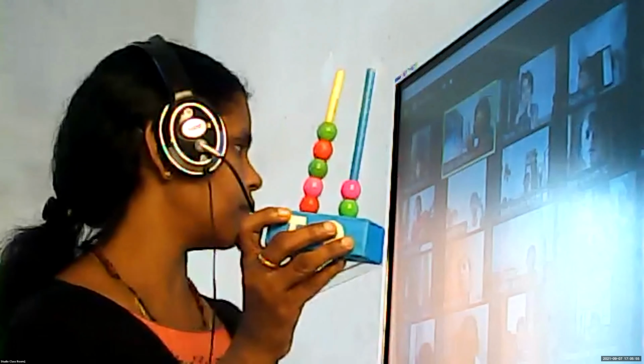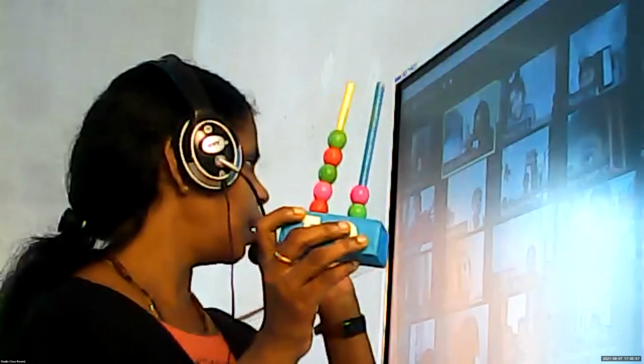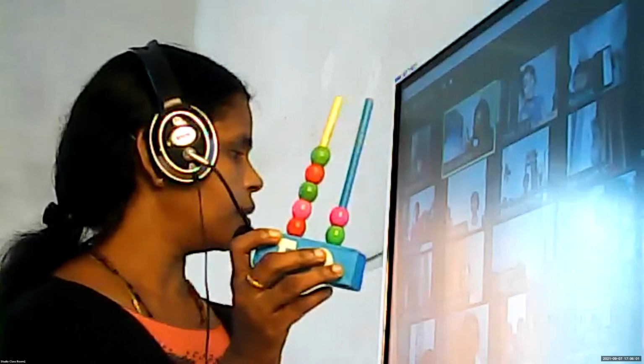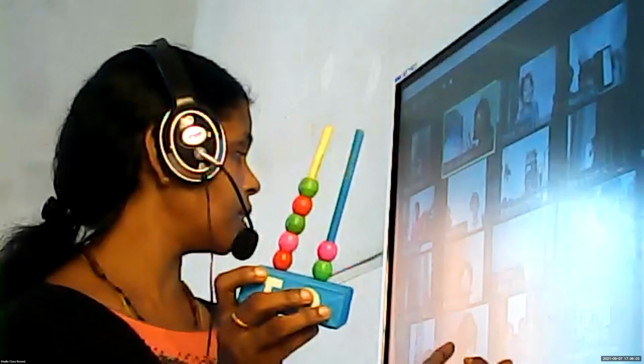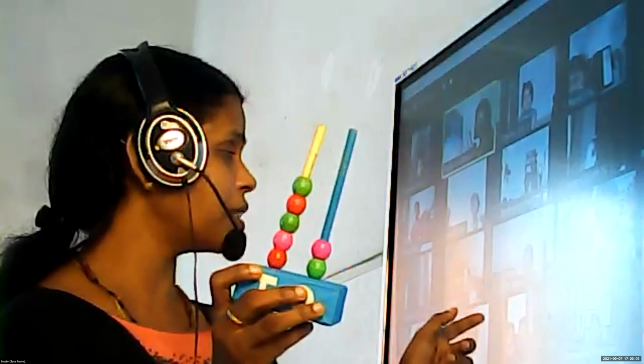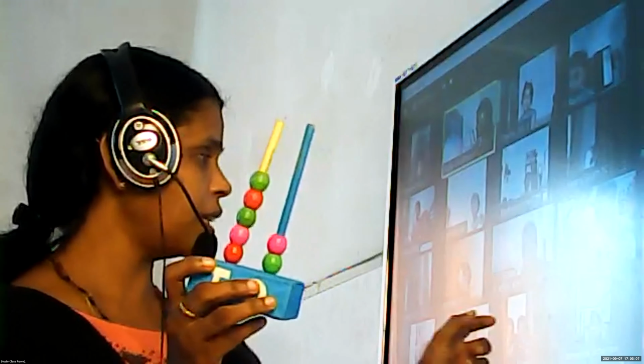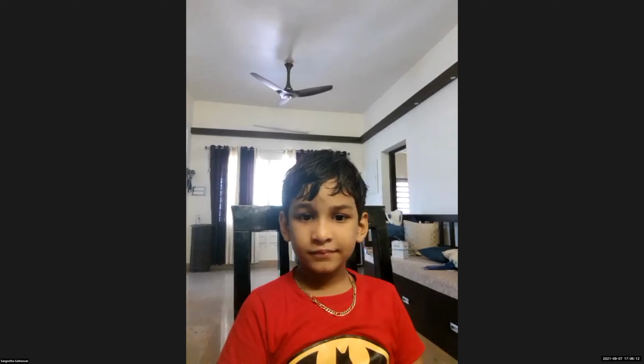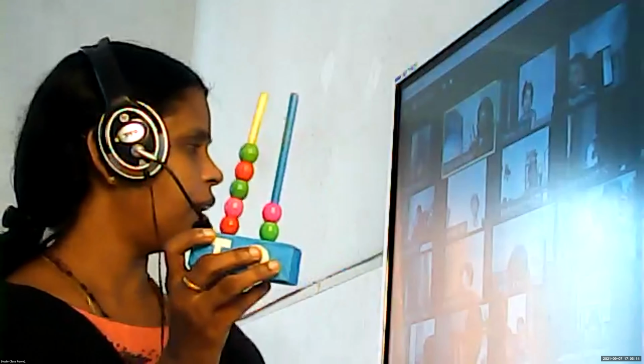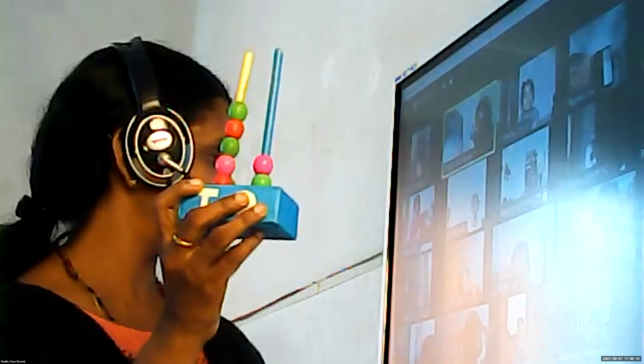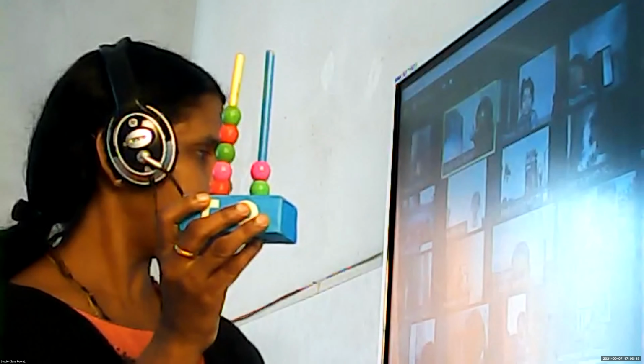Now look at the abacus. Rishikesh, tell me the number.